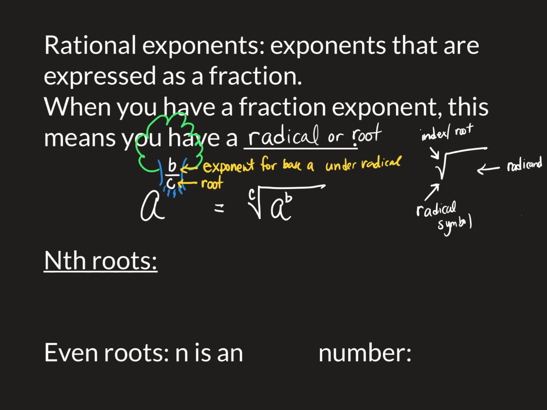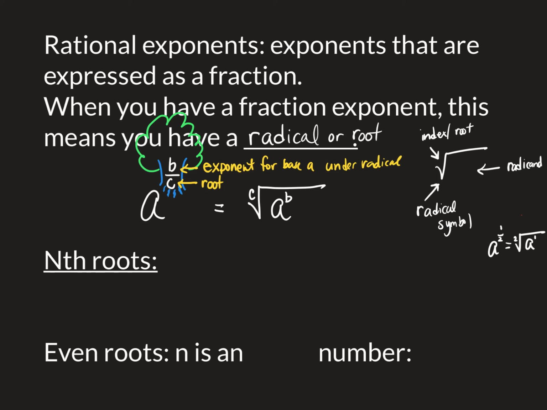So I'm going to scribble a couple over here. If I have A to the 1/2, that means I have a radical symbol. A goes inside the radical to the first power, and the understood 2 for square root is there.